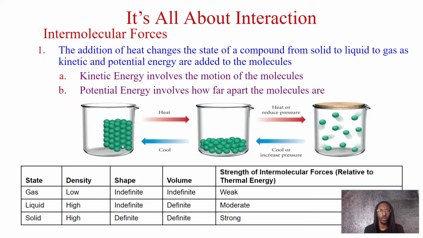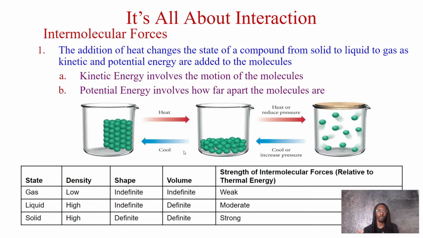In the middle here, this is what we recognize as a liquid. So let's just focus on these two first. Now if you add heat or take away heat, it's going to change the state of matter of the molecule.